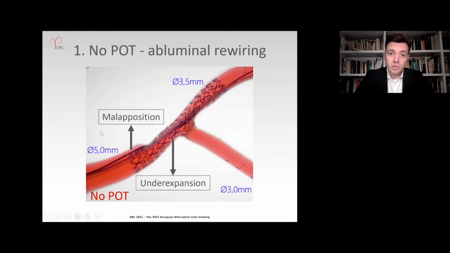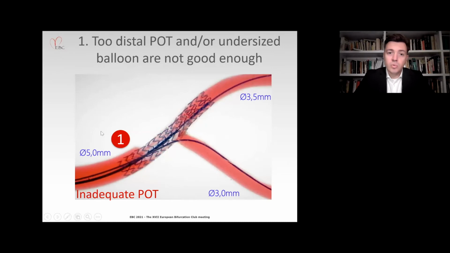And that is the great value of this bench testing, because it shows us that not seeing this on angiography has dramatic procedural consequences. So not performing POT leaves you with malapposition and underexpansion, and the malapposition that you have in the very proximal edge of the stent can lead to abluminal rewiring. To avoid this, or to circumvent this, you can perform POT and all is good.